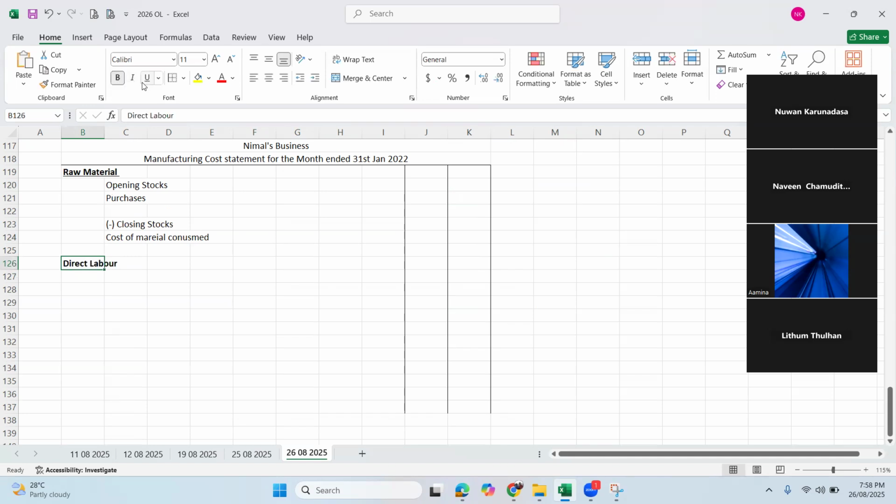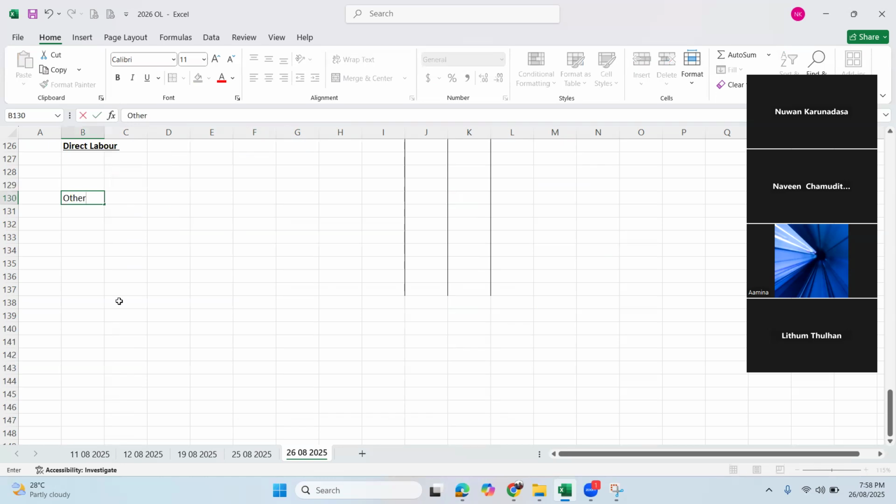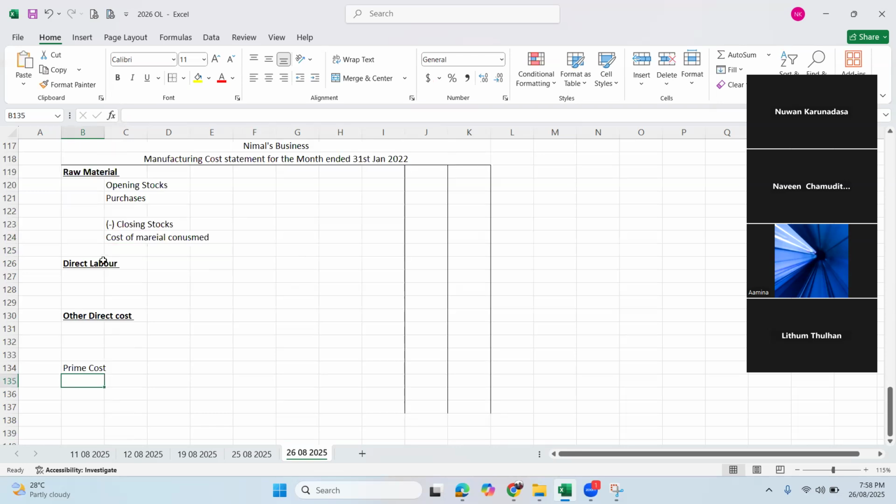Then you add here direct labor, then other direct cost. Then you get the total here, prime cost. That means you add raw material, direct labor, and other direct cost. All together you call it prime cost.